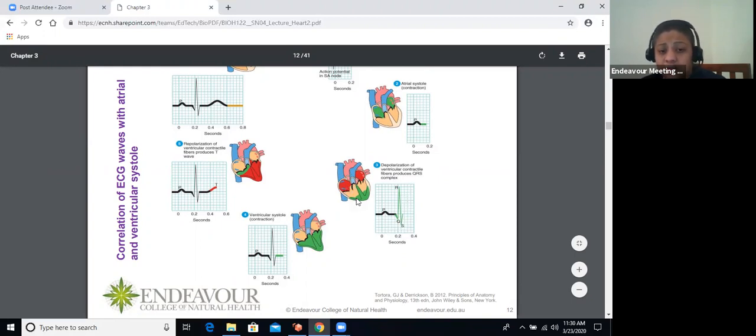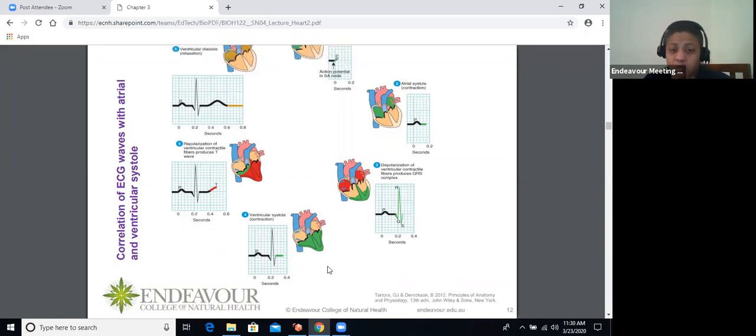Then the ventricles begin their contraction, which is the positive depolarization, the strong R wave that you can see, created during the ventricular systole. R and S are responsible for the ventricular systole. S is created when the semilunar valves open and the blood rushes out of the ventricle, in the last part of the ventricular systole.